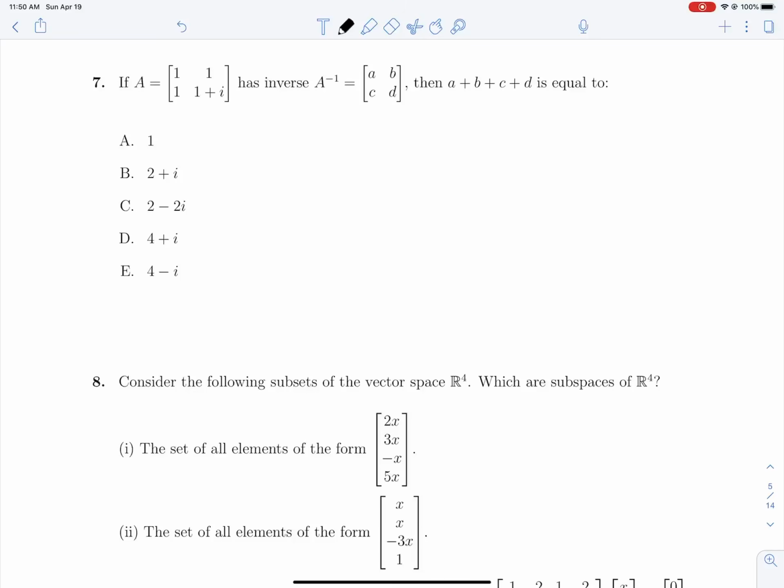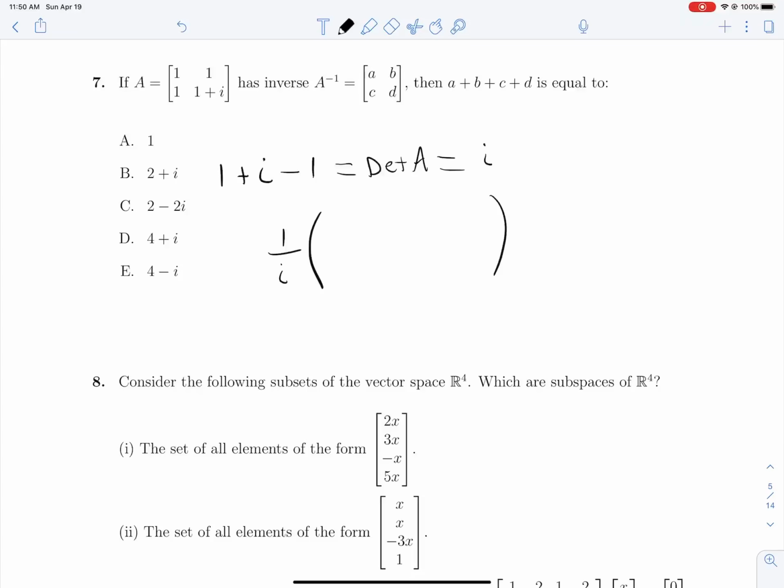So finding our determinant, that's AD minus BC, that will give us 1 plus I minus 1. This is the determinant of A, and that's just I. So what we can do is take 1 over that determinant, because 1 over the determinant will be multiplied into all of our entries for our A inverse, and then just add up our 4 entries for A inverse.